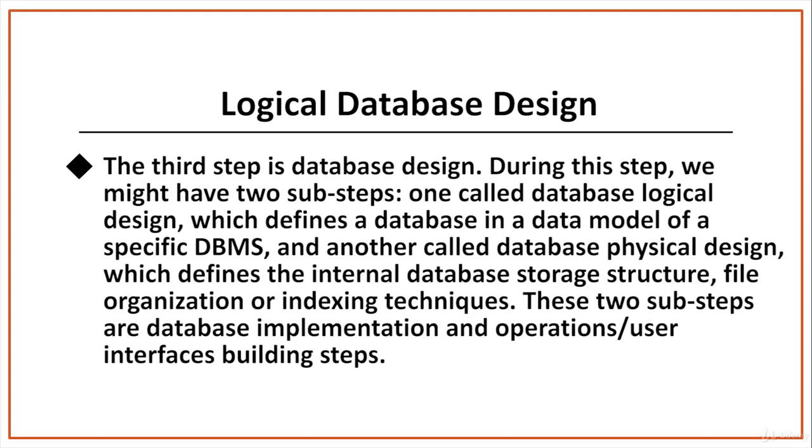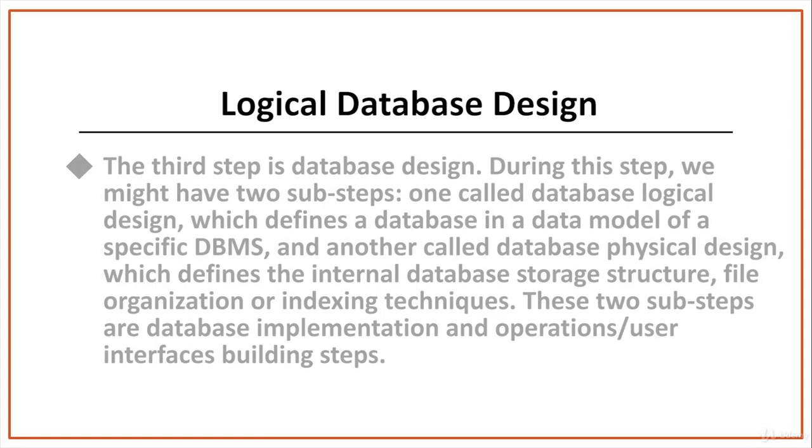During this step, we might have two sub-steps, one called database logical design, which defines a database in a data model of a specific DBMS, and another called database physical design, which defines the internal database storage structure, file organization, or indexing techniques. These two substeps are followed by database implementation and operations/user interfaces building steps.